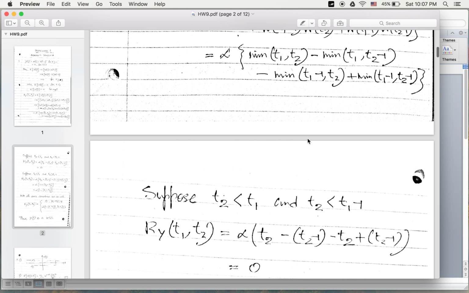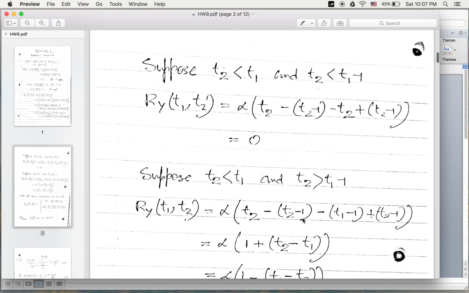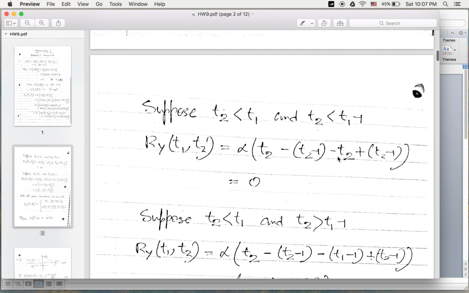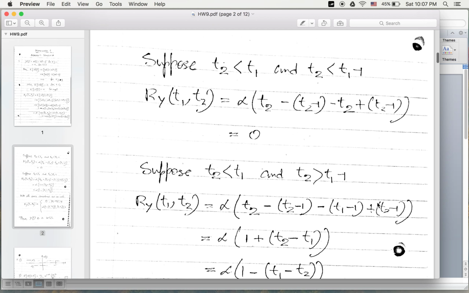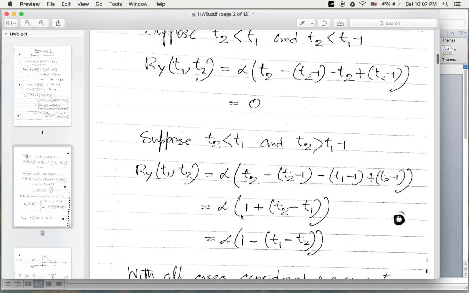Now for the third part t1 minus 1 comma t2, we have assumed that t2 is greater than t1 minus 1, so the minimum would actually be t1 minus 1. And for the last part t1 minus 1 comma t2 minus 1, as t2 is less than t1, t2 minus 1 is less than t1 minus 1, so this is again t2 minus 1. Cancelling out everything, this simplifies to alpha into 1 plus t2 minus t1, or otherwise alpha into 1 minus t1 minus t2.